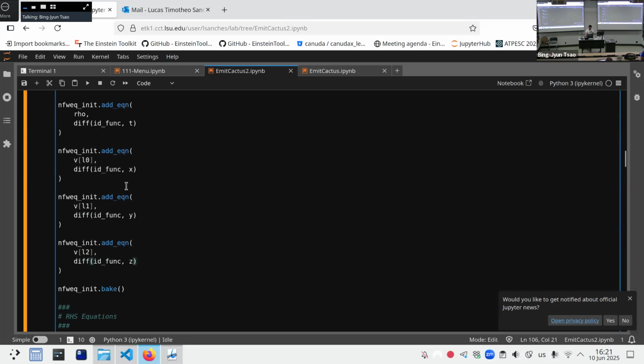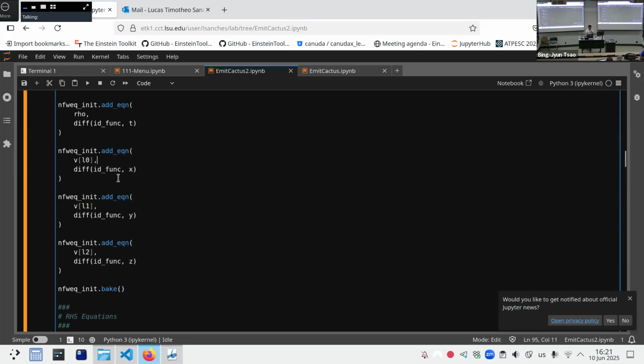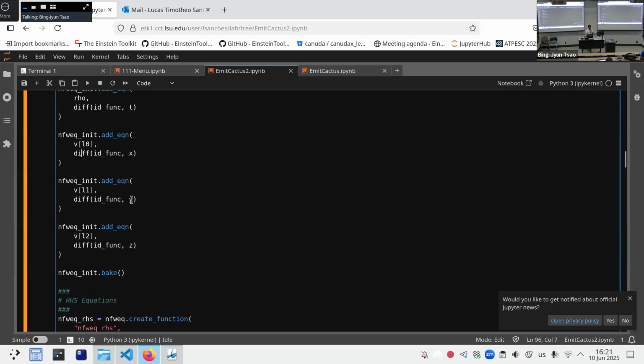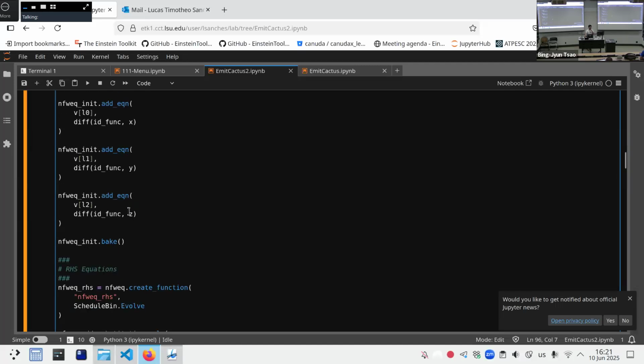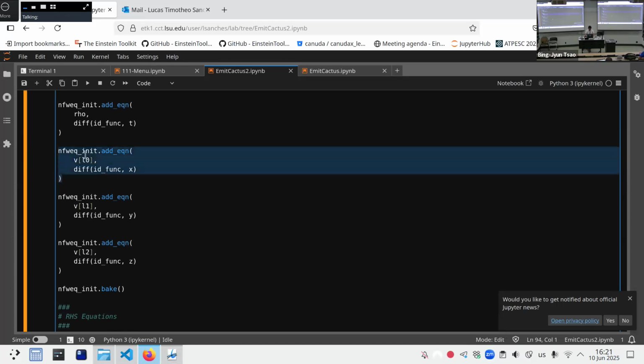Steve says that we could have done this with an abstract index and gotten this written at once. We would have to use capital D instead of diff, but I wanted to use SymPy to compute the derivatives in this case.